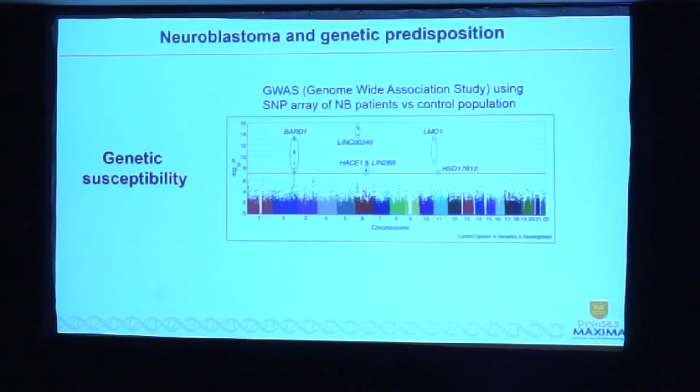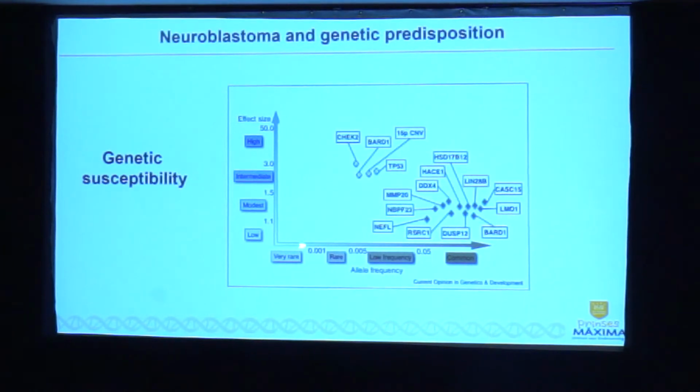And if you put this in a plot, it looks like this. So this is the risk of getting neuroblastoma. So the effect size of a mutation to get a neuroblastoma in the end, and this is how frequent these events are. And these events actually occur in the quite frequent range, but they give a slightly increased risk of getting neuroblastoma.